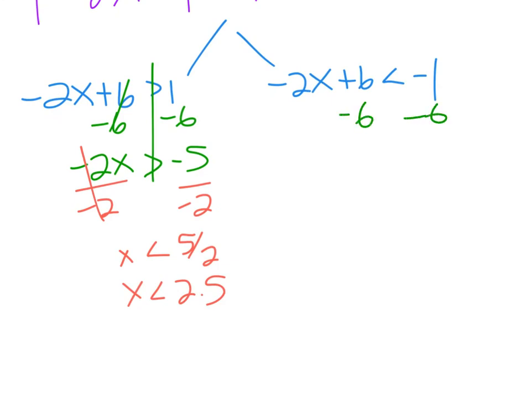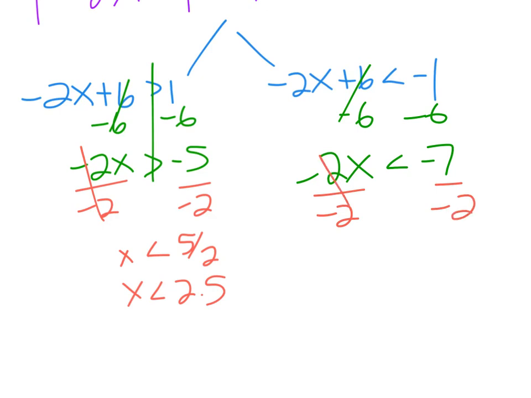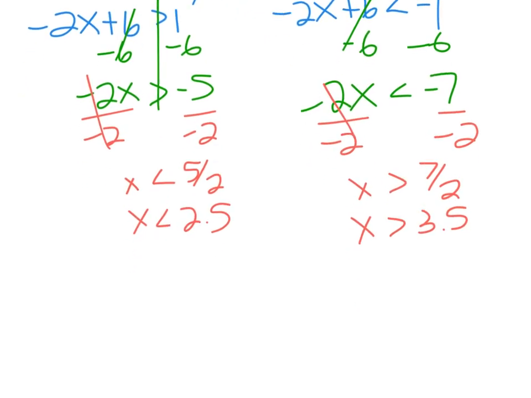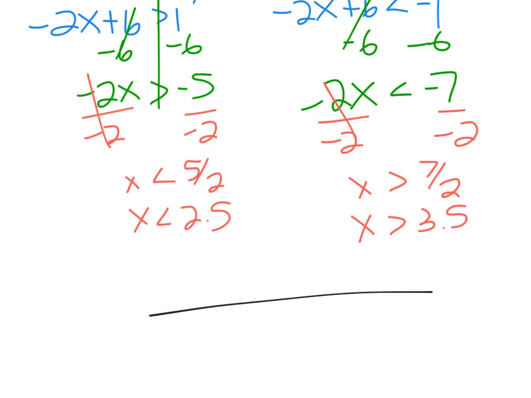Same steps over here, except that would be negative 7. And divide. Again, I'm dividing by a negative, so I flip the symbol. Negative divided by negative is positive, so either 7 over 2 or 3.5. Okay, my number line, 1, 2, 3, 4.